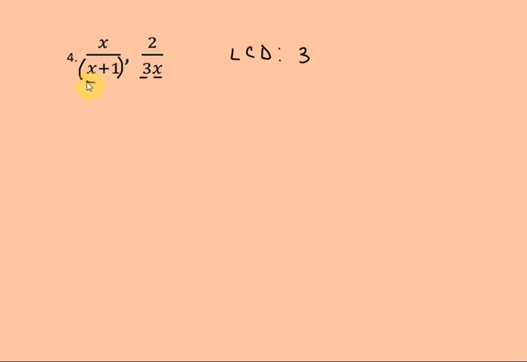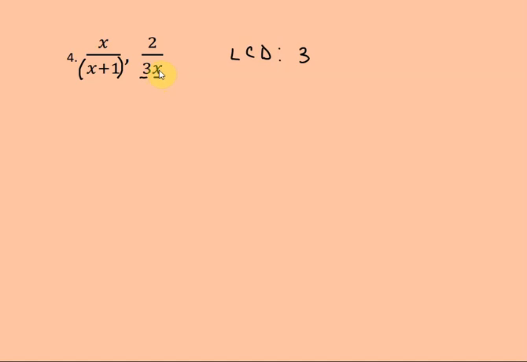Even though this is an x, like I said, it's a polynomial. It's a polynomial because it's connected to another term using plus or minus. So we don't think of it separately. We don't think of that as just an x. It's always stuck to the 1. It's x plus 1. So this x plus 1 and this x are different types of factors.